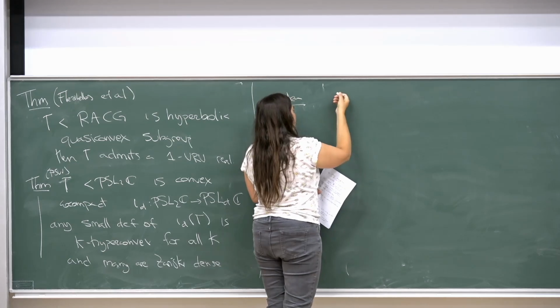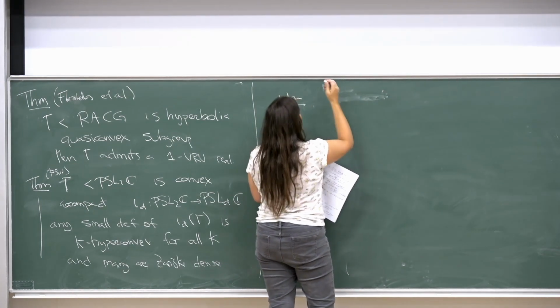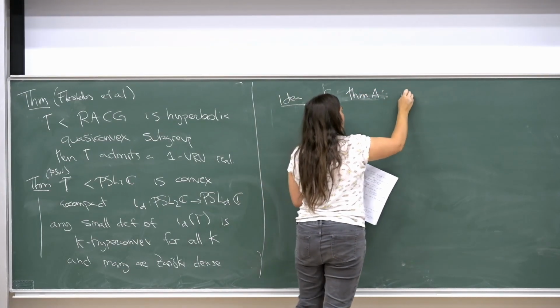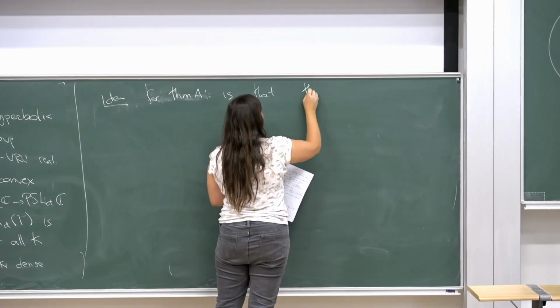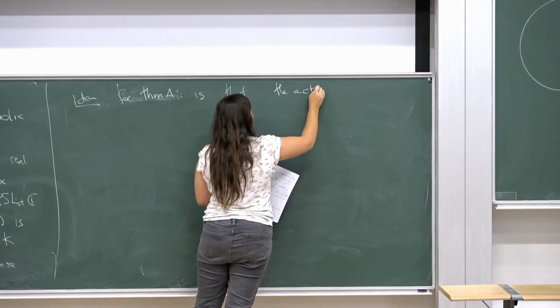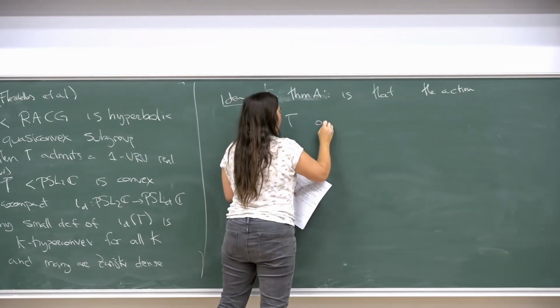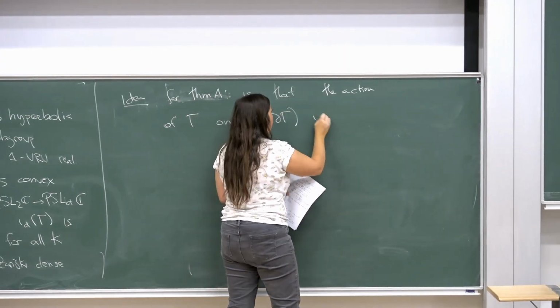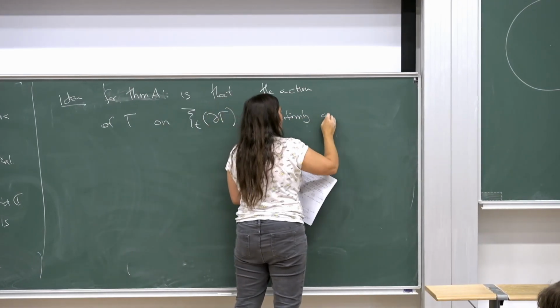The idea of the proof of Theorem A is that the action of gamma on the fractal set psi t of the boundary of gamma is uniformly quasi-conformal.